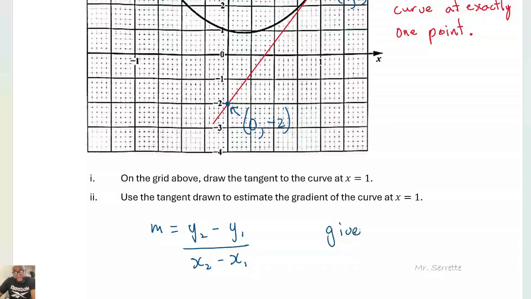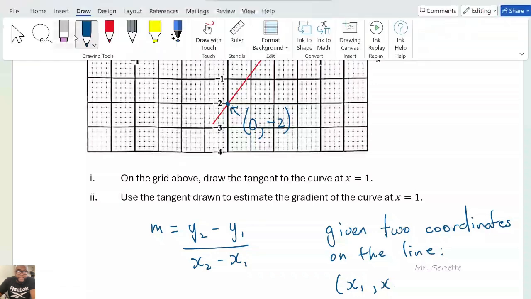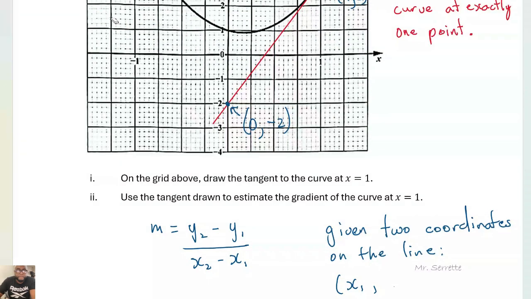And this is given 2 coordinates on the line, right? These 2 coordinates would be (x1, y1) and (x2, y2), right?